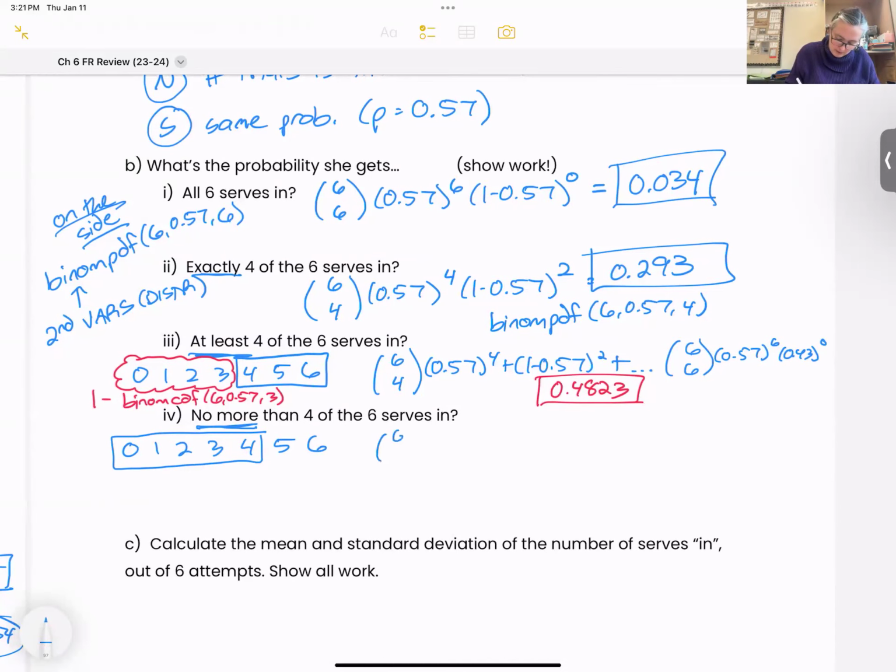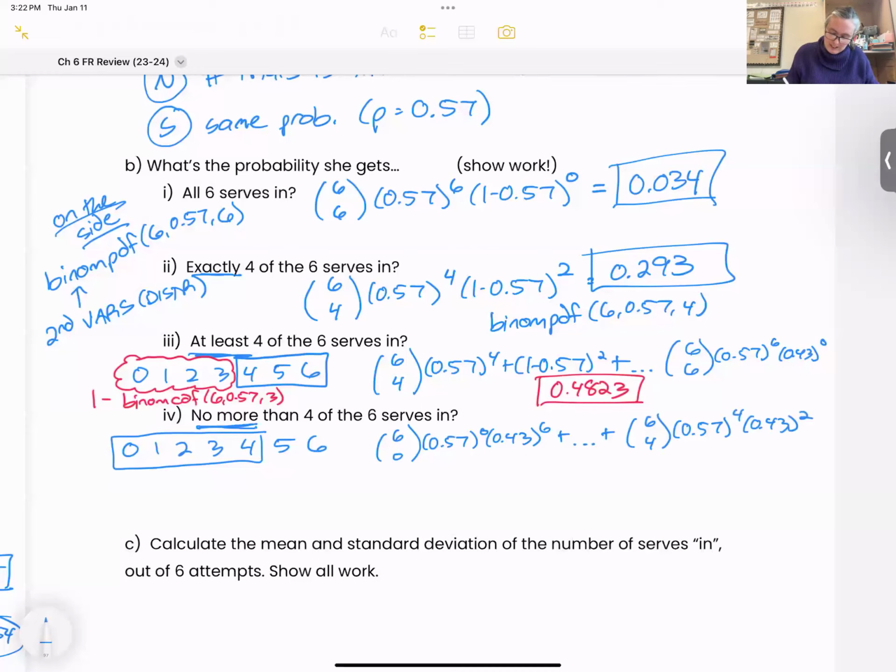I'm gonna say 6 choose 0, 0.57 to the 0, 0.43 to the 6, plus ... would end at 4. So 6 choose 4, 0.57 to the 4, 0.43 squared.